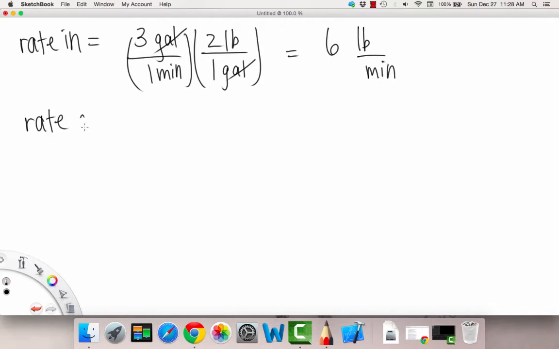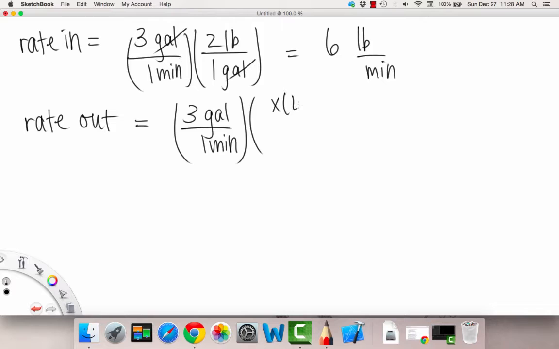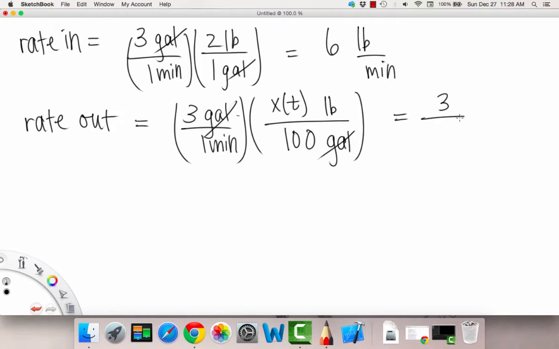And then our rate out, if we were to simplify that, that would be 3 gallons per 1 minute. And again, I'm just copying this from the last slide. Okay, and then we had x of t, and then this is pounds per 100 gallons. Okay, so again, our gallons units cancel out, and we get 3 over 100 times x of t pounds per minute.